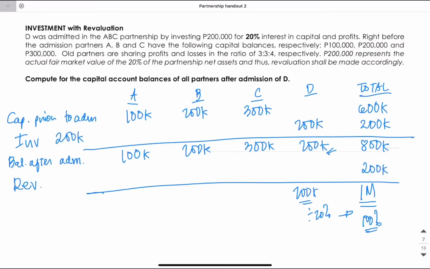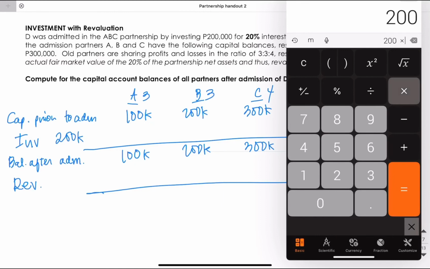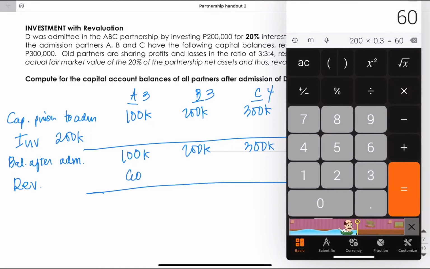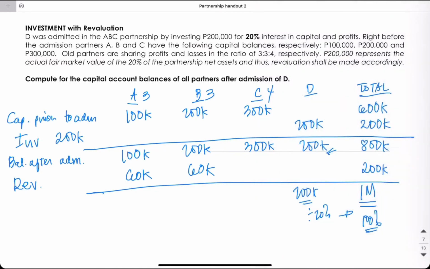Now, same concept. The revaluation, upward or downward revaluation, shall affect the old partners' capital accounts only. So this 200,000 will likewise be distributed to the old partners' capital accounts in the ratio of 3:3:4. So 200,000 times 30%, that will give us 60,000. Another 60,000, and then 200,000 times 40%, 80,000.